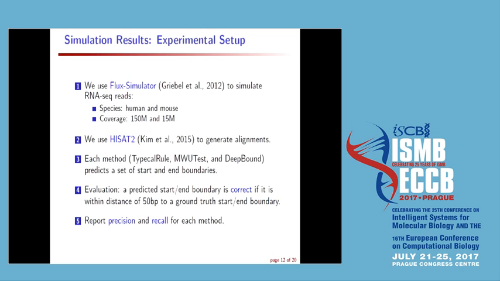All 3 methods take the reads alignment as input and output a set of predicted start and end boundaries. We see a prediction as correct if it is within 50 base pairs of a ground truth boundary, because we use simulation so we know the ground truth. Finally, we report precision and recall for each method.